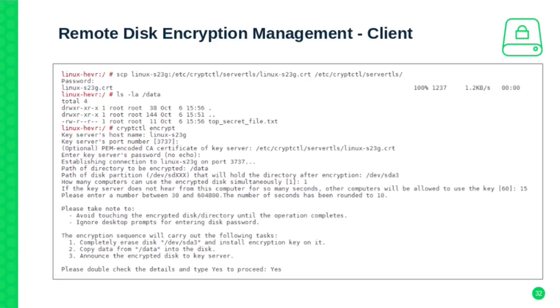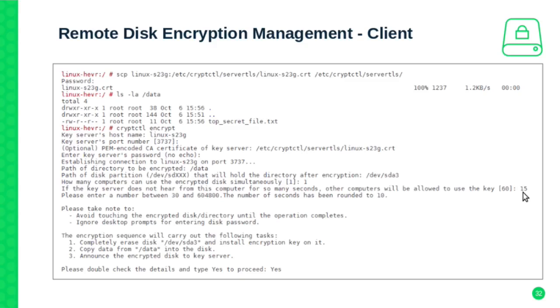For example, you have the fear that if this is a virtual environment, someone else can steal the virtual machine, move it somewhere else, and if it just boots up, it will automatically unlock the partition. So if it's already unlocked, you will get an error. But maybe this is a partition shared with lots of computers, so you want to have it unlockable by many computers, so you can configure that.